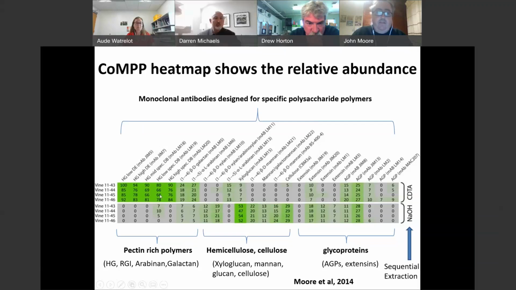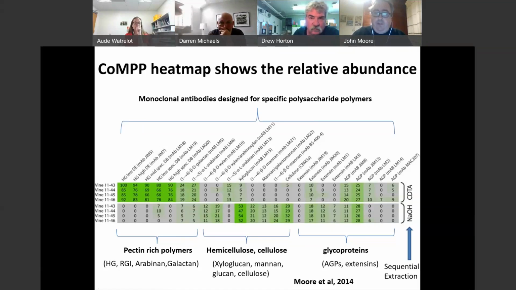In this case, you set the array to 100, the highest signal being 100. It's a fluorescence detection method. And then you can normalize your array, and you can pick up whether the sample has got pectin polymers, hemicellulose or cellulose epitopes, and glycoproteins.